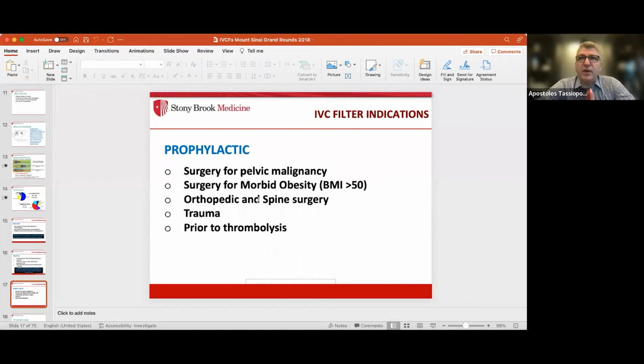That was a mode of prophylaxing them from pulmonary embolism. Other prophylactic indications are patients who have lower extremity DVT who are candidates for thrombolysis, and the idea was to place an IVC filter to prevent pieces of thrombus breaking off during the thrombolysis process and causing pulmonary embolism.